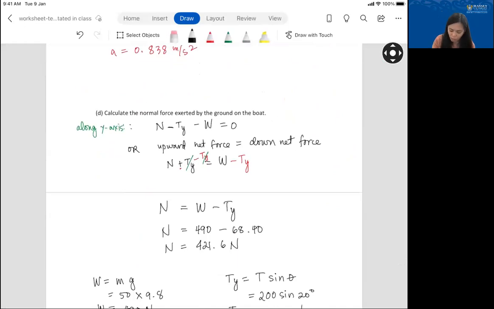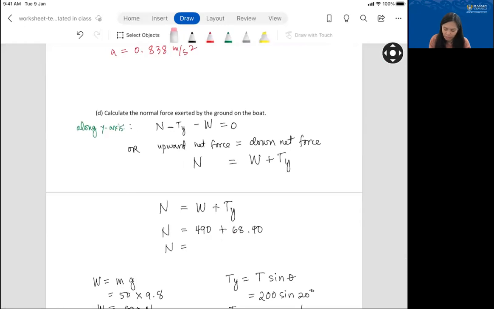And your upward force is actually just the normal force. It's just the normal force that's upwards, and you have the weight force plus Ty that's downwards. Yeah, sorry about that error in the sign for Ty.